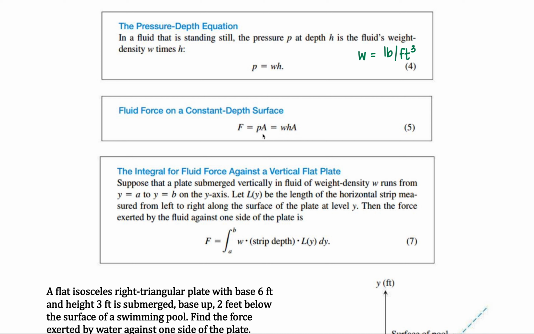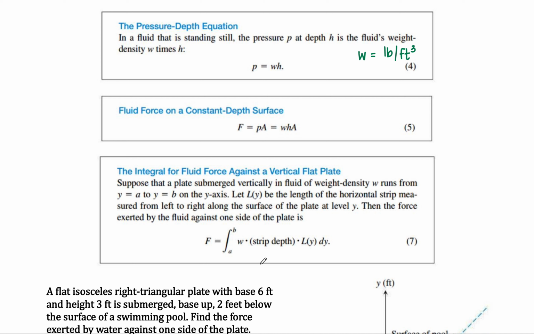Suppose that a plate submerged vertically in fluid of weight density W runs from y equals a to y equals b on the y-axis, because again it's standing vertically. Let L of y be the length of the horizontal strip measured from left to right along the surface of the plate at level y. Then the force exerted by the fluid against one side of the plate is given by this.